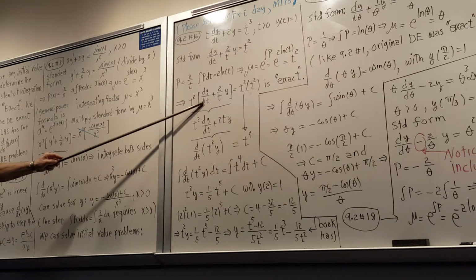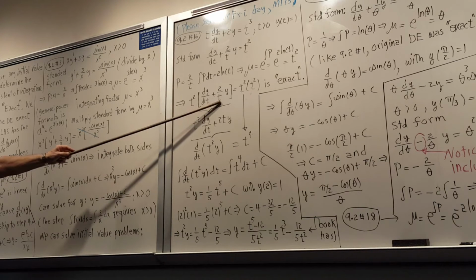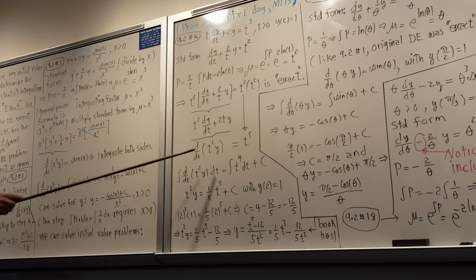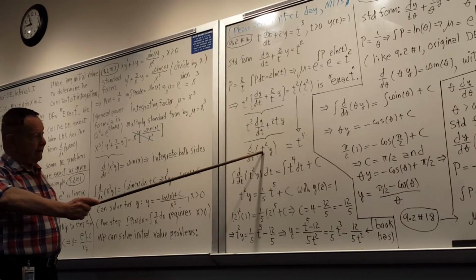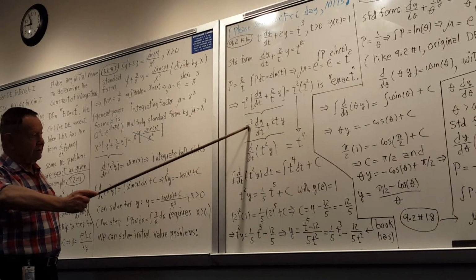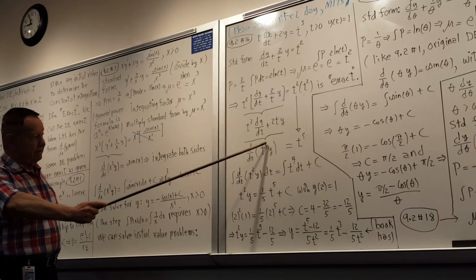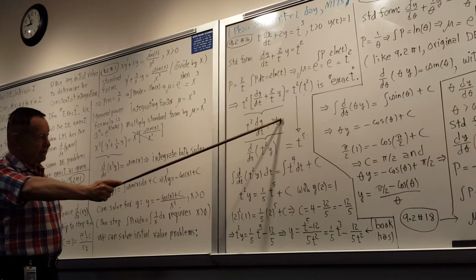And when you do, the left-hand side would be the derivative of the product of y and the integrating factor. You see, you can check your work again right here, because the derivative of, well, you'd have the left factor, the t squared, times the derivative of the right, plus the derivative of the left is the 2t times the right.